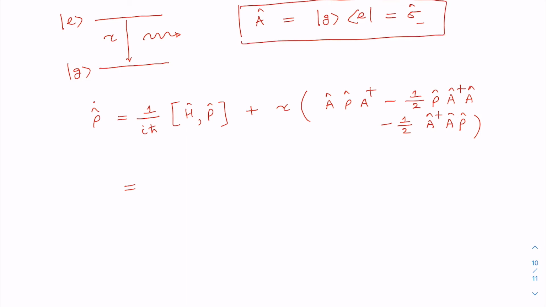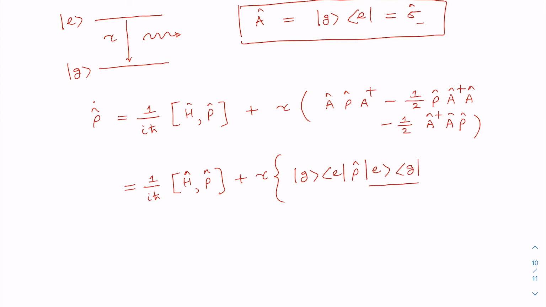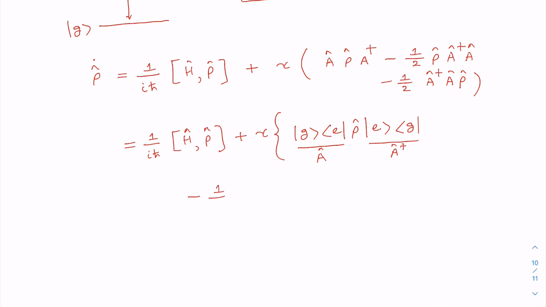So I have 1 by i h cross [H, rho] plus gamma times: A is |g><e|, so A rho A dagger, where A dagger is |e><g|. Then the other terms: minus half rho A dagger A, with A dagger |e><g| and A |g><e|, minus half A dagger A rho.